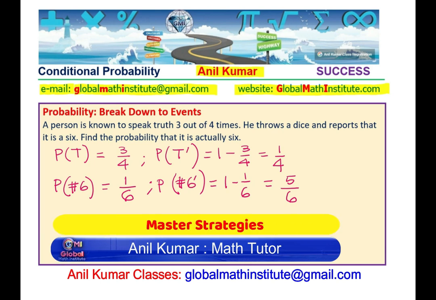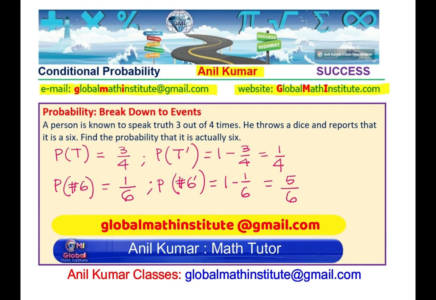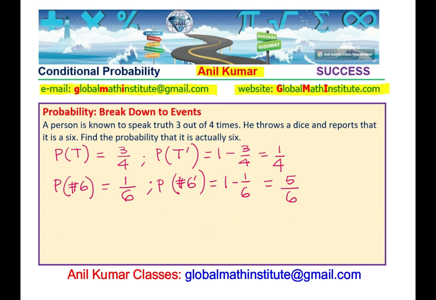Now we're saying find the probability that it is actually a 6. Means he is speaking a truth. You get the idea, right? It is a 6 and he is speaking a truth. Now let's try to understand this scenario. There could be two conditions, right? One, that it is a 6, and the other one, it is not a 6, right?